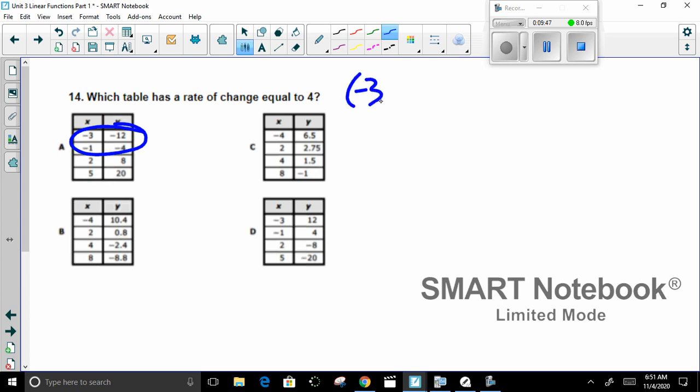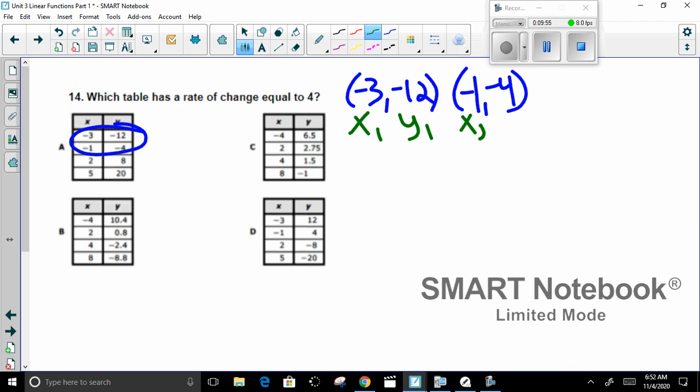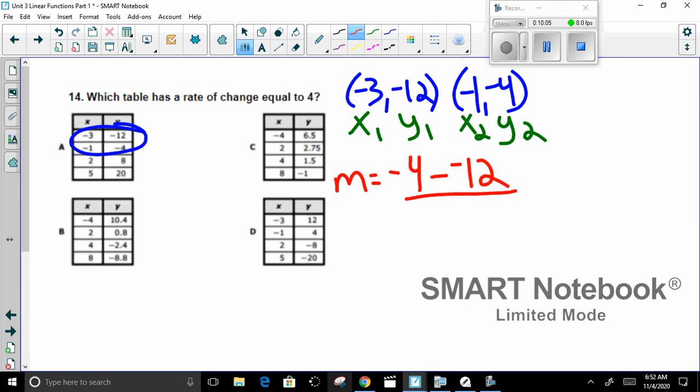So the first one, I got negative 3, negative 12, and negative 1, negative 4. So x1, y1, x2, y2. The second y value is negative 4 minus the first y value is negative 12, divided by the second x value is negative 1 minus the first x value.